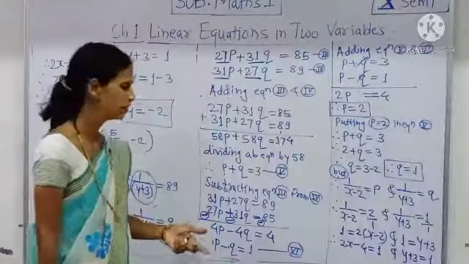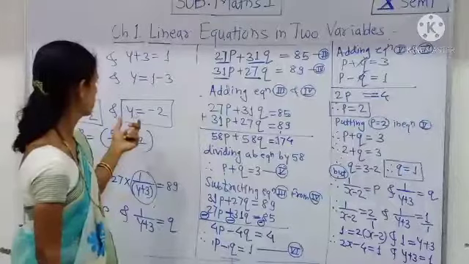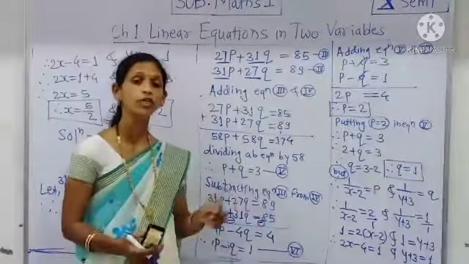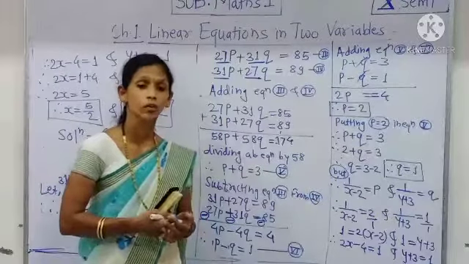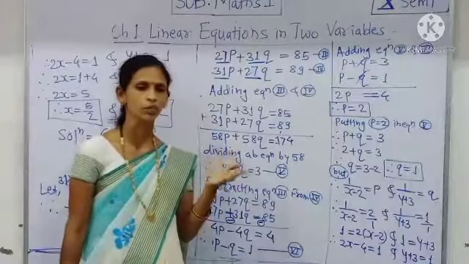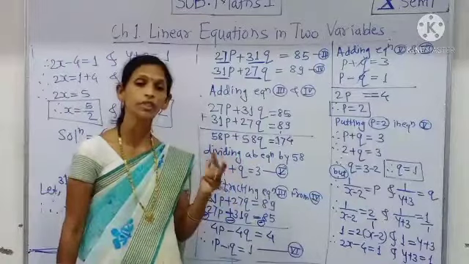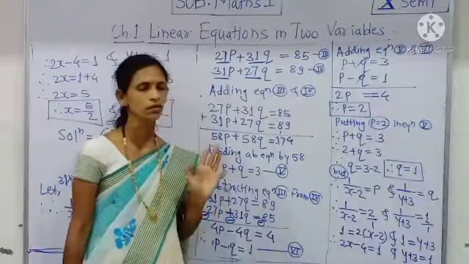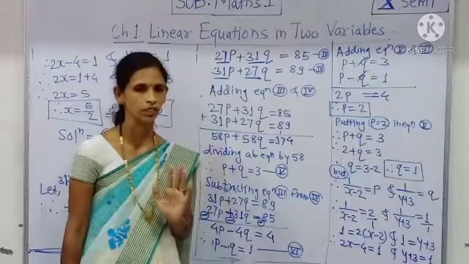You can tally these values of x and y by putting them in original equations number 1 and 2, and if the values of x and y satisfy both equations, then these are the roots of the given equation.